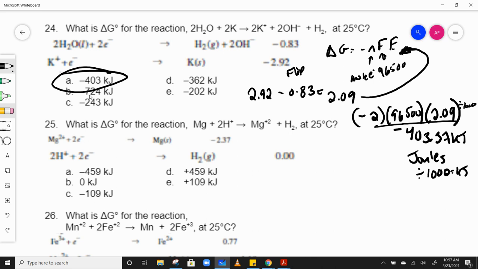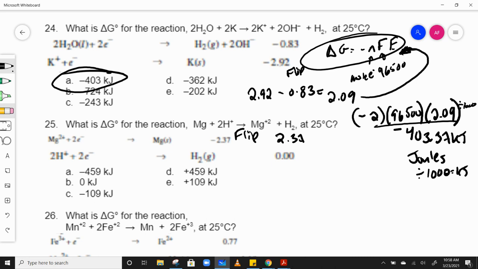Okay, number 25. For this one, you're using the same formula that we did before, delta G equals negative nFE. For Mg, this one we flipped, so the overall cell potential will be 2.37.